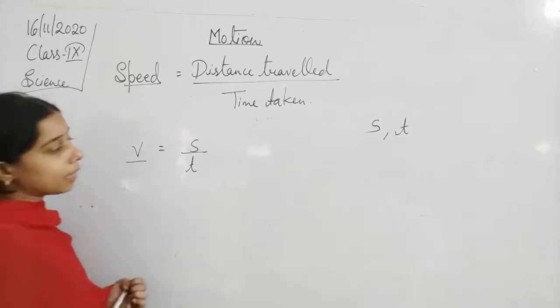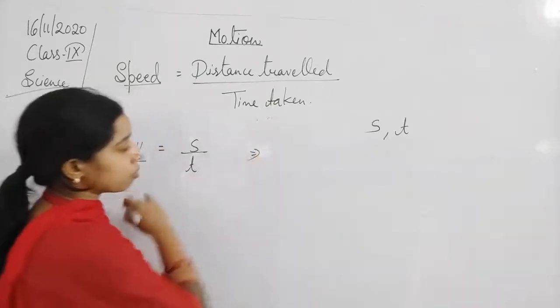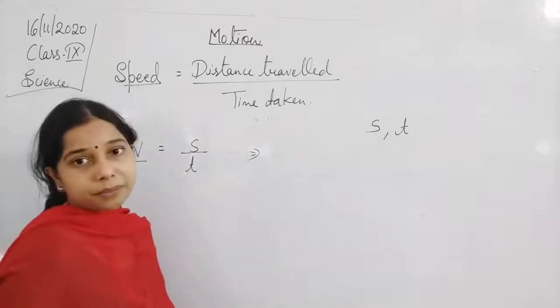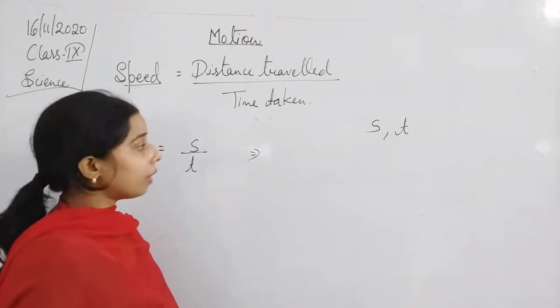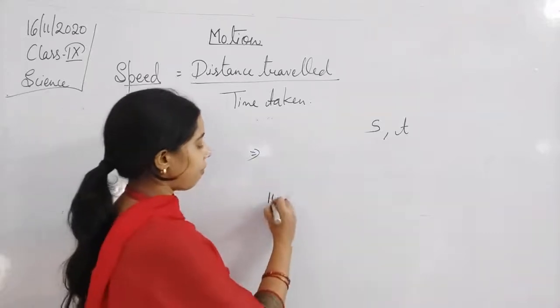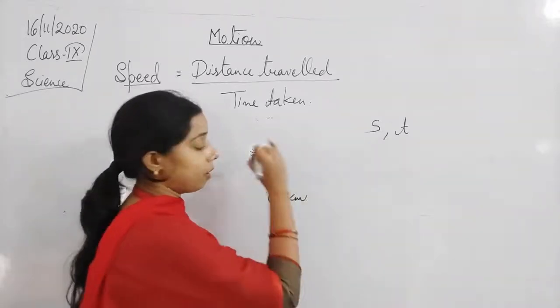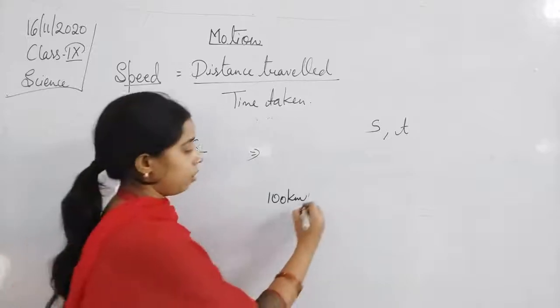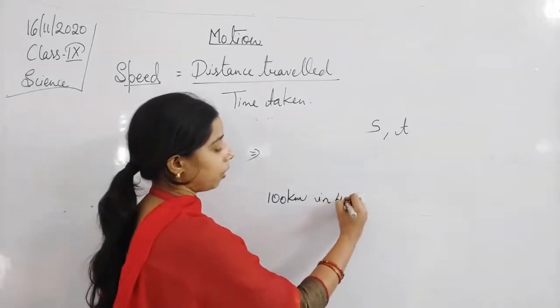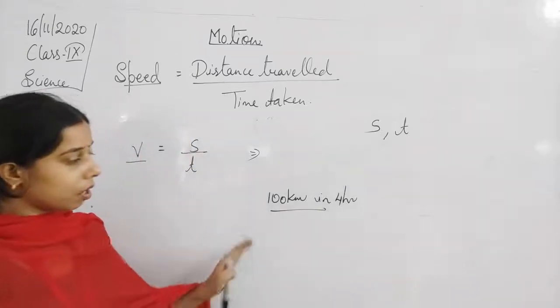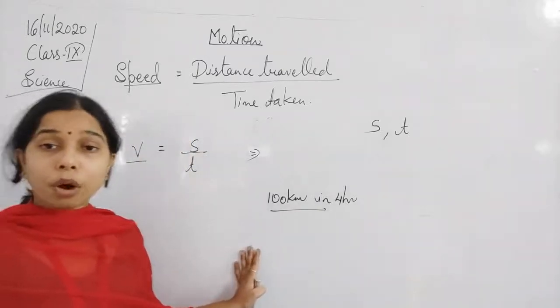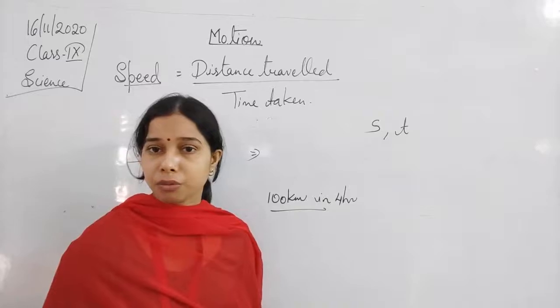We can understand with the help of an example also, students. Suppose a car covers a distance of 100 kilometers in 4 hours. What will be the speed of the car, students?